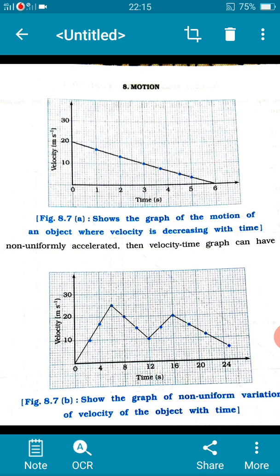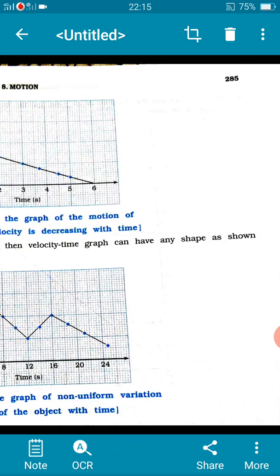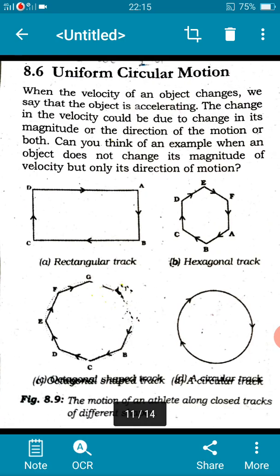So next we can study the next type of motion, that is uniform circular motion. So what is circular motion? If the object moves in a circular path, that motion is called circular motion.